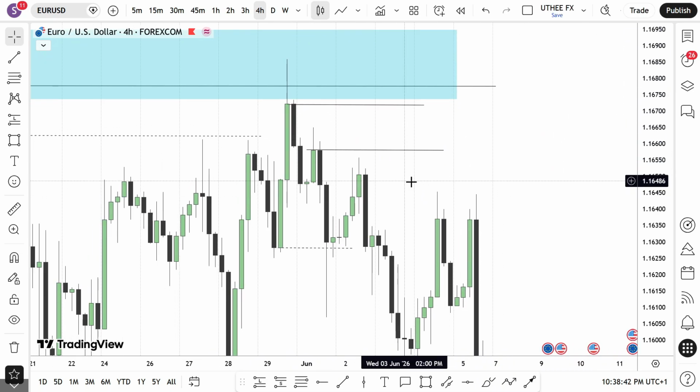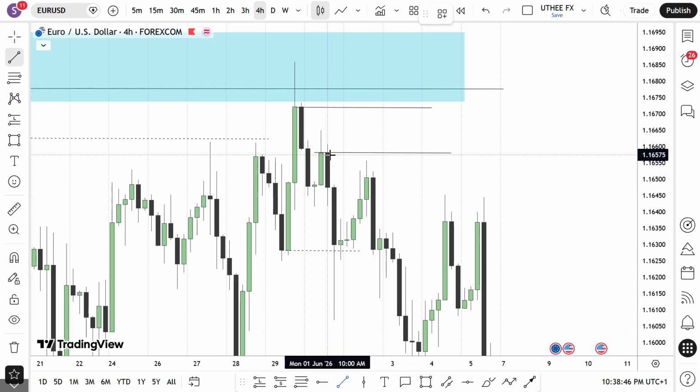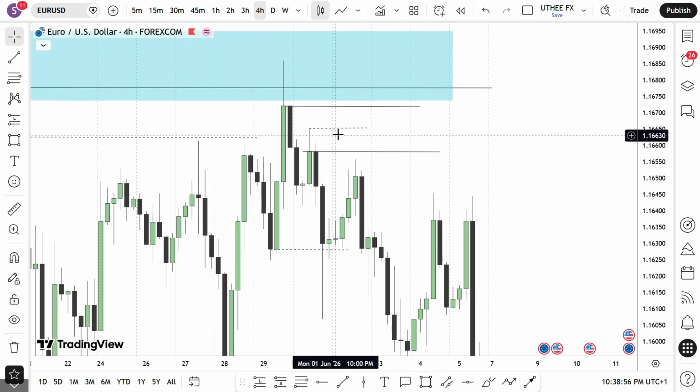The problem now is that you need to look for the inducement level, because if price is going to come to this key level, it means price will take out this high as inducement and tap on this place to sell. Or price will come back to this level and sweep what we have here as inducement.